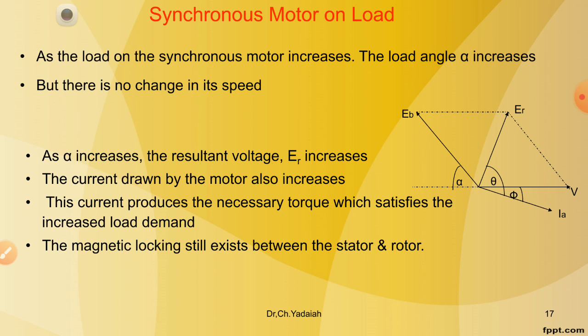As alpha increases, the resultant voltage ER also increases. We have seen that the resultant voltage depends upon alpha; if alpha increases, the difference voltage increases. The current drawn by the motor also increases. You can see in the figure.